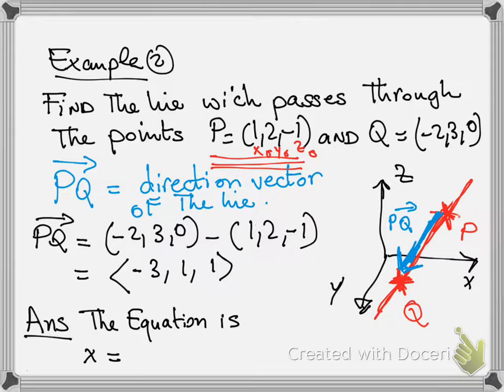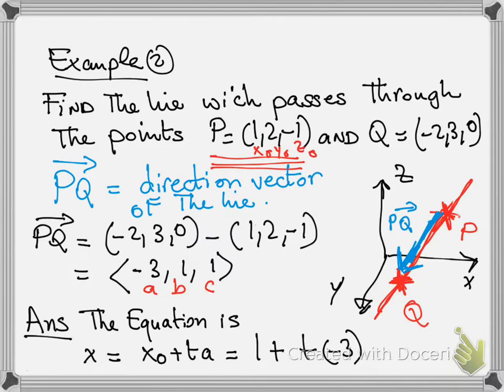Okay, so x is supposed to be x0 plus ta, right? So PQ, that's the direction vector. So the (-3, 1, 1), that would be the a, b, c, right? So x would be equal to x0, which is 1, plus t times a, so t times -3, right?